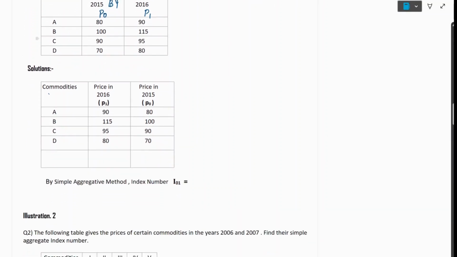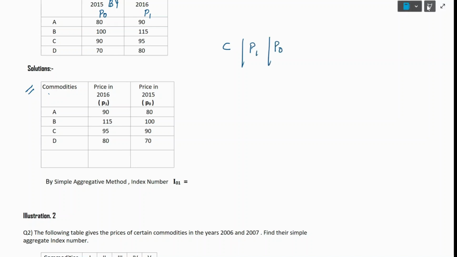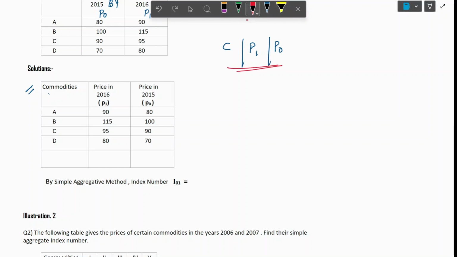First, step number 1, you are going to make a table. The table consists of 3 columns. These 3 columns are from the question only. So what is the format? I have written first commodity, then P1, then P0. Please use this order for all the sums which you are going to solve with the formulas of index numbers. That is C, P1, P0.